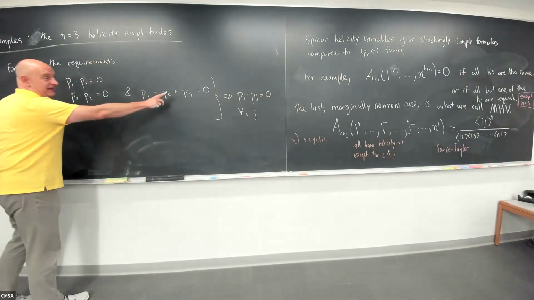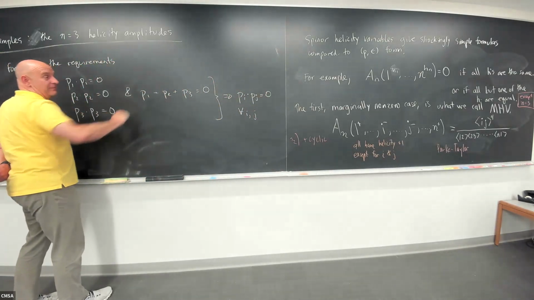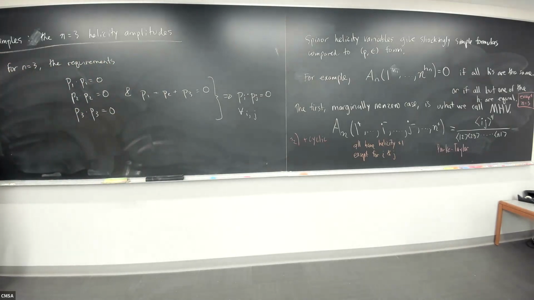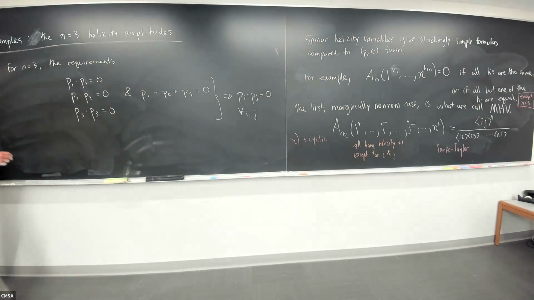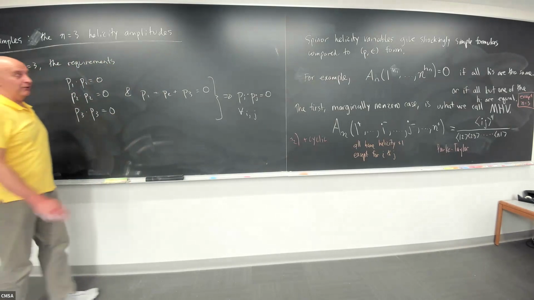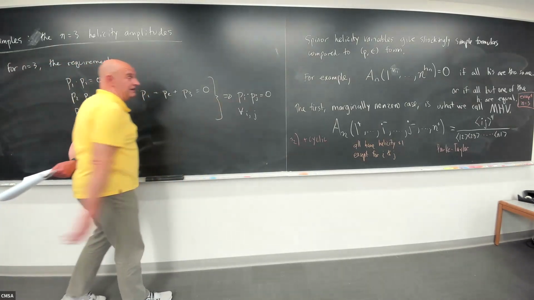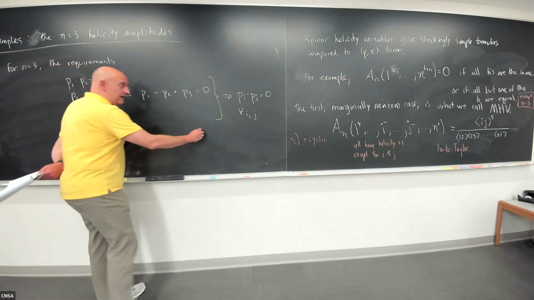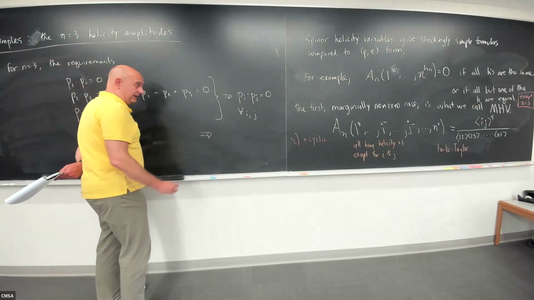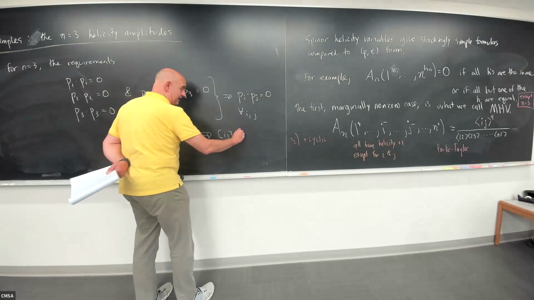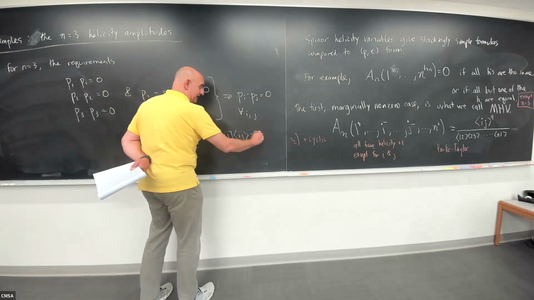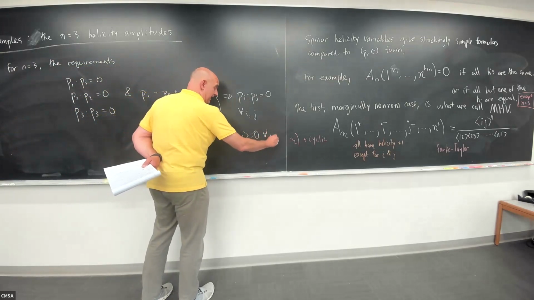The way to see that is, suppose you take the dot product of this equation with P1, and then with P2, and then with P3, and you'll see that the only solution is that all of these inner products are equal to 0. And then when you translate that to spinor helicity variables, that implies that the angle bracket ij times the square bracket ij is equal to 0 for all i and j.